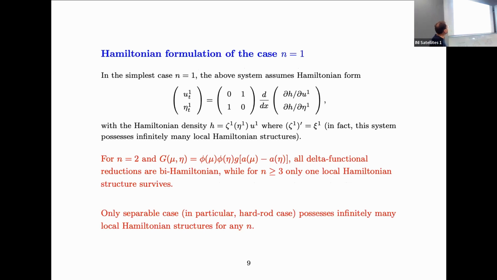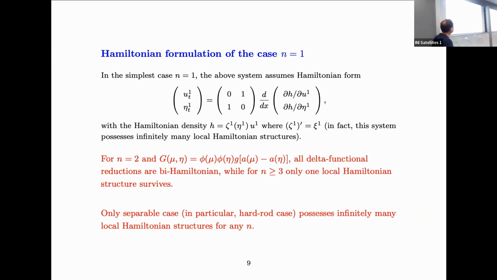Okay, now I come to Hamiltonian formulation, the second part of my talk. First of all, for n equals 1, where you have one delta function, u1 delta of eta minus eta 1, the simplest possible ansatz, this reduced system is automatically Hamiltonian.